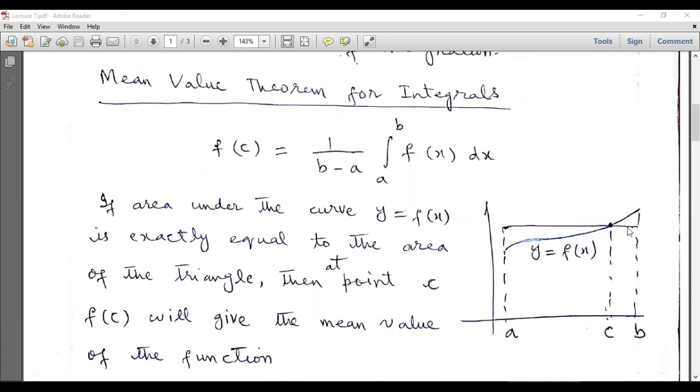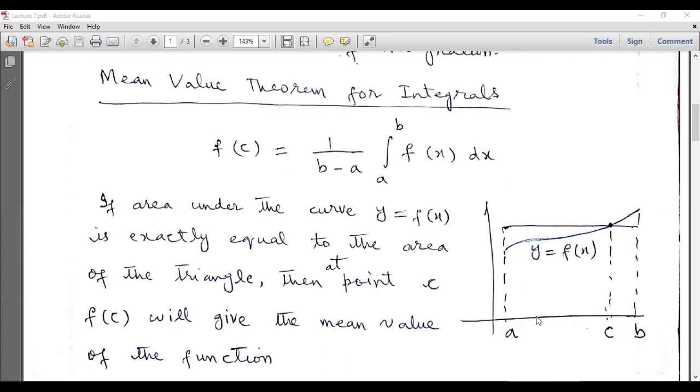This is the mean value of this function in the domain from a to b, and it can be evaluated by multiplying this integration by 1 over b minus a. So the total range along the x-axis is divided, and we get the mean value.